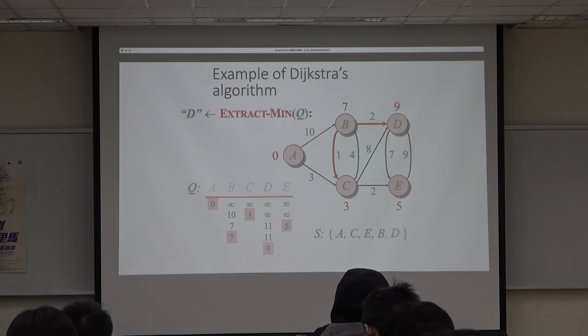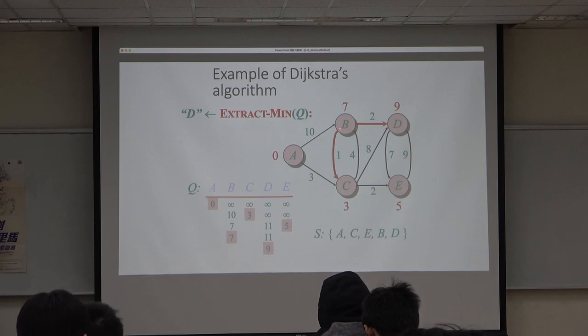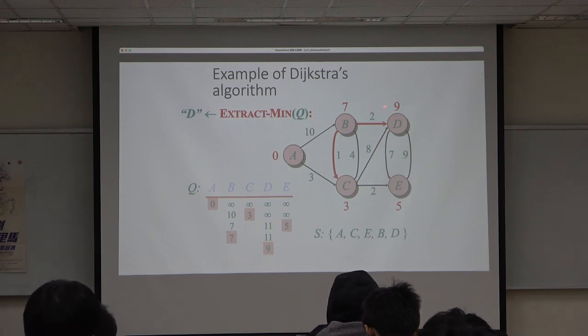So you are done. And by the way, because D is updated last by B, you see the shortest path from A to D will be A, C, B, D. So this is the shortest path.